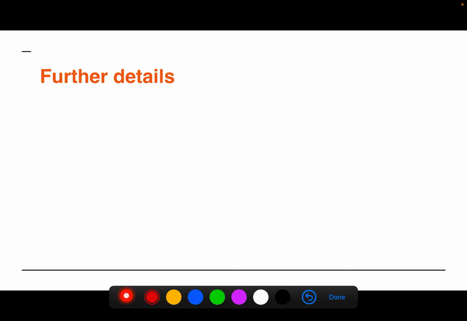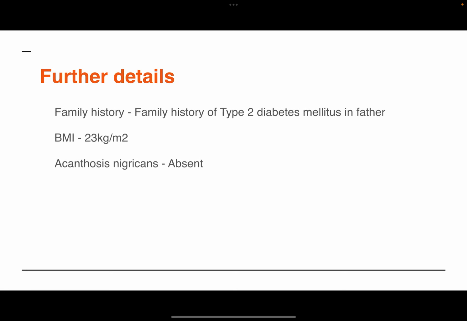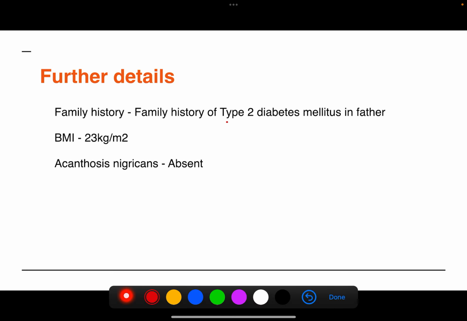Young patient, same differential. It can be type 1 diabetes or it can be MODY. But MODY patients do not come with ketosis. Ketosis is very rare in MODY. Therefore, I assume it to be type 1. But let's see the further details. In the family history, there is type 2 diabetes mellitus in the father. A 10-year-old child having type 2 diabetes mellitus is very unlikely.